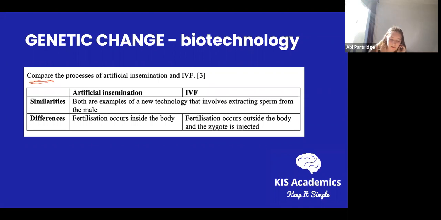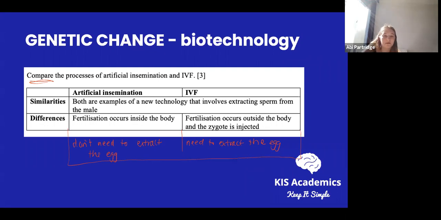So you could say another difference is that for artificial insemination you don't need to extract the egg, but for IVF you need to extract the egg. As we've said before, we'll just extend this table down a little bit. There we go.